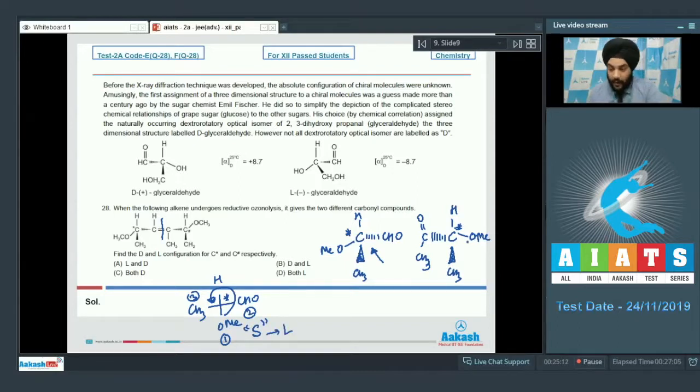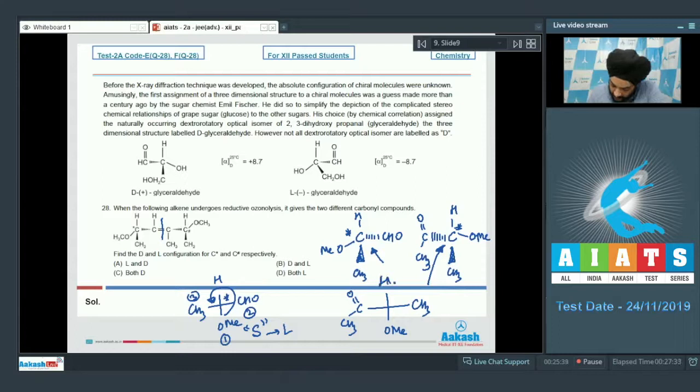If we talk about the compound on the right, which contains C hash, we can view along this line. So H will be at the top and OMe will be at the bottom, students. So we can have H here and OMe at the bottom. So if we look at the other two groups which are present, we have the CH3 towards the right and we have the COCH3 towards the left if we are viewing along this line along the plane of paper. Okay.